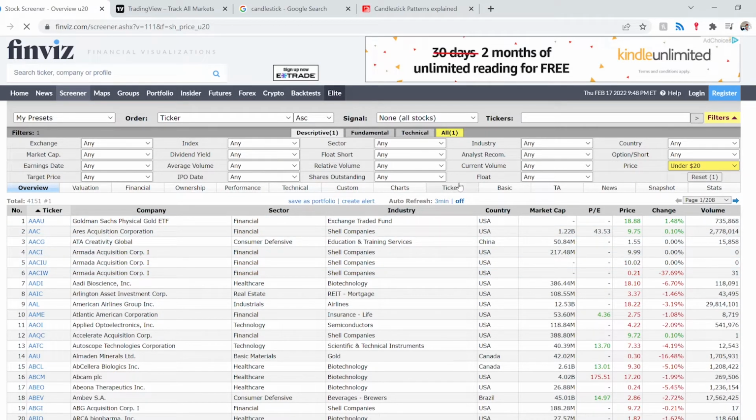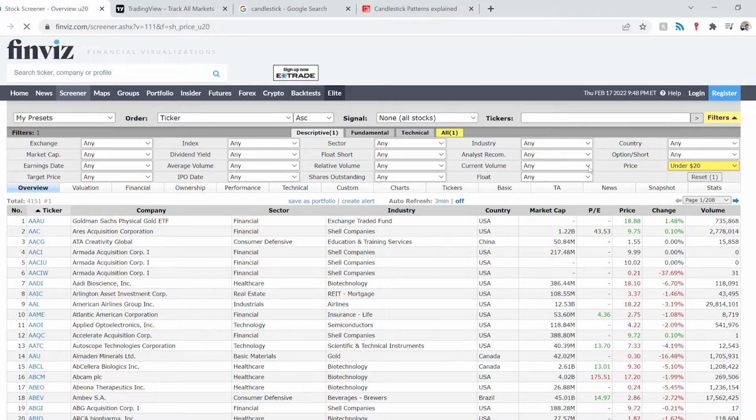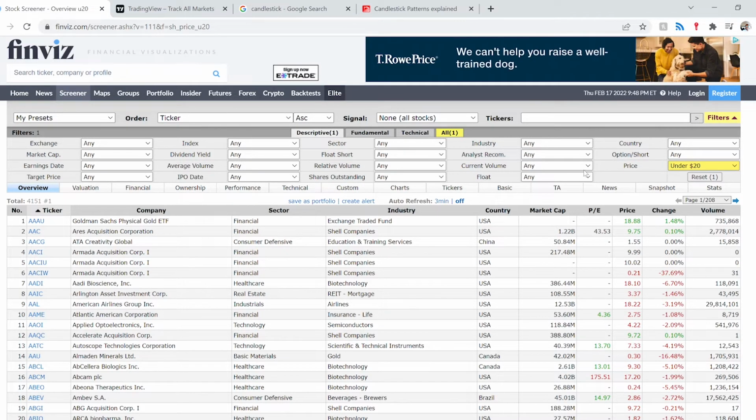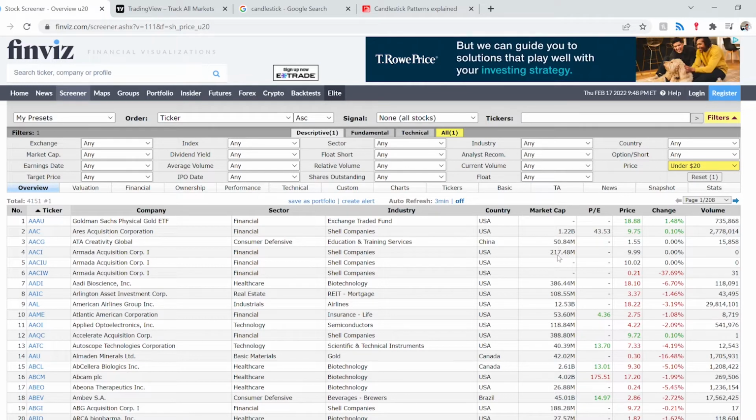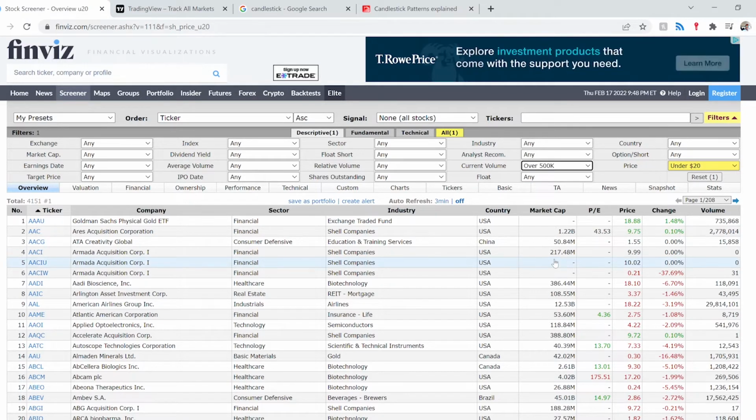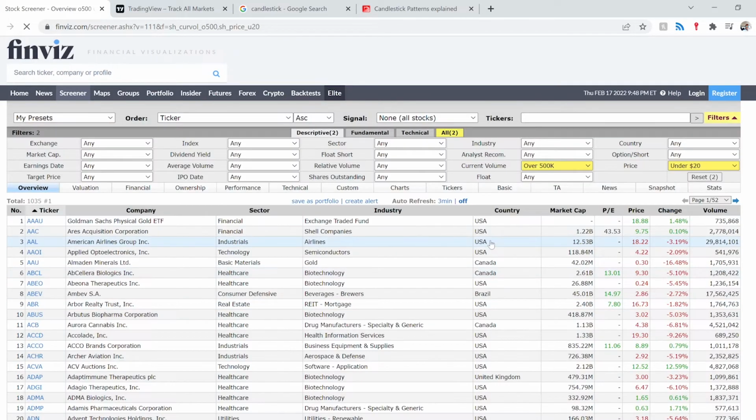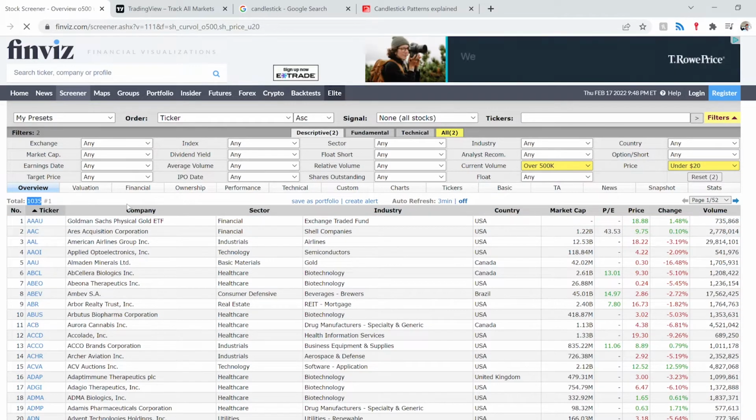Another filter you can use is current volume, and by volume I mean how many shares are traded in a given day. I would recommend something slightly above 500,000 in volume. When you select that, your list has dropped down to 1,035.